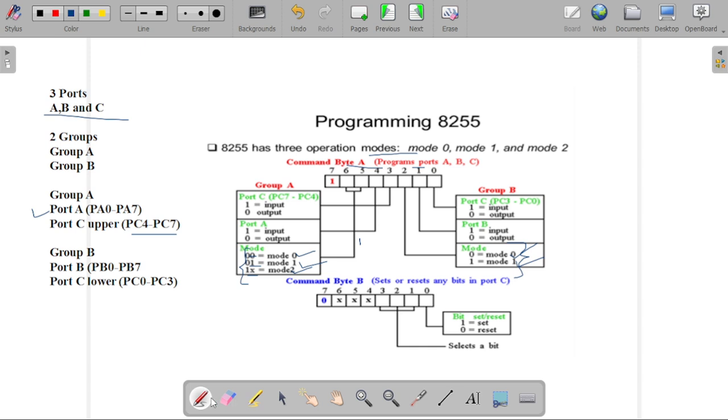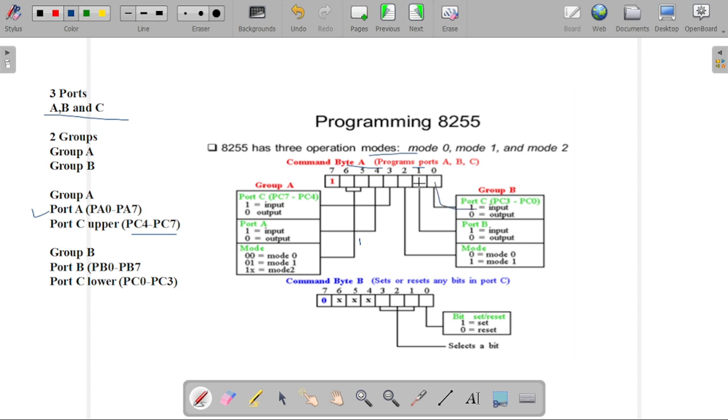Now consider the diagram we have given. This architecture can be considered in two parts, byte A and byte B. There are a total of 8 bits. The 0th bit is the group B input and output operation.